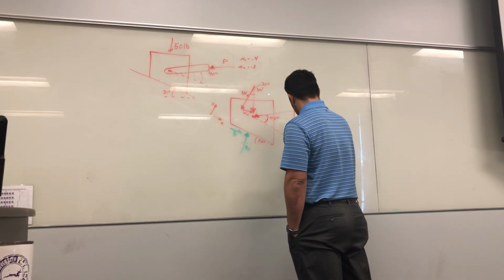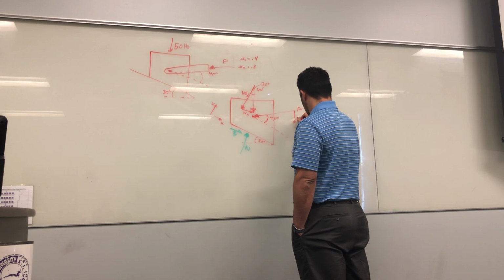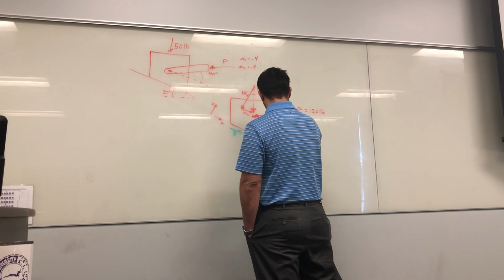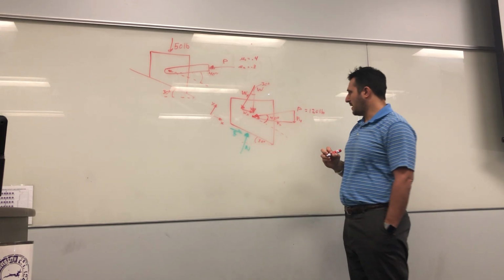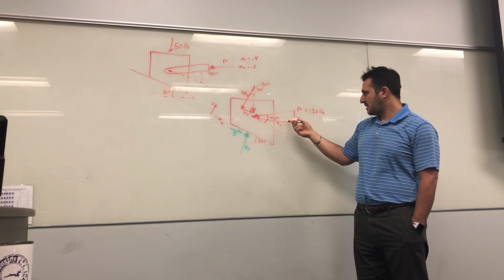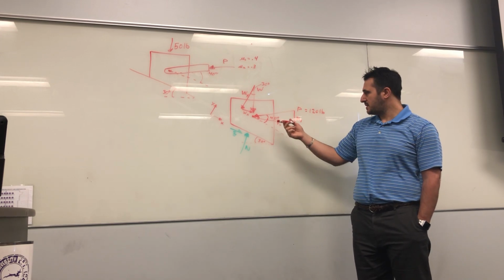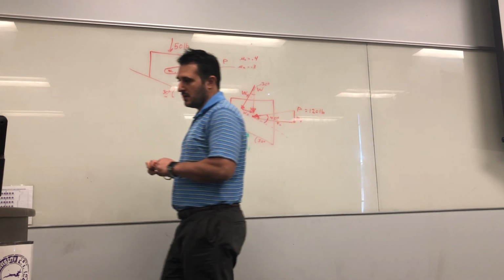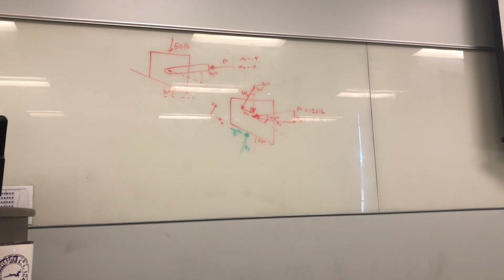And this is Py. That's Px. And this, again, not drawn great, but this is going to be a function of your 40 degrees. Again, let me draw that better.